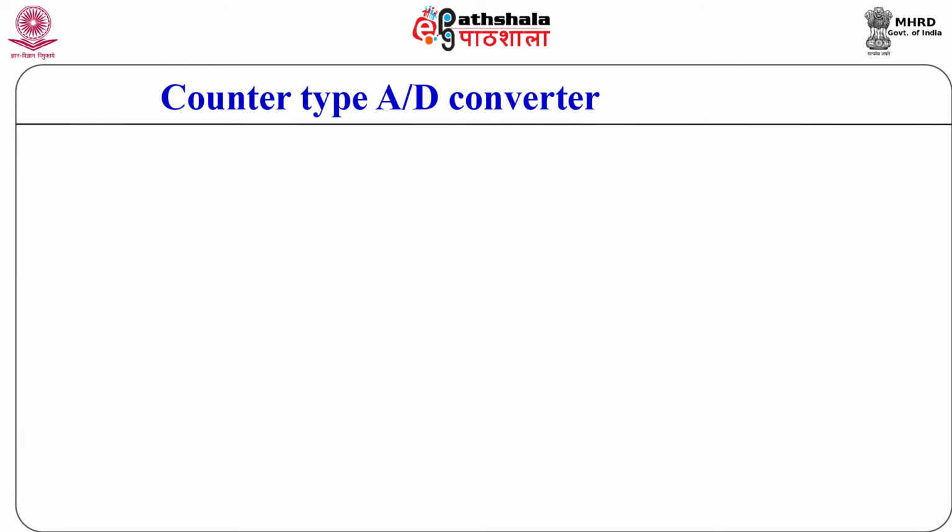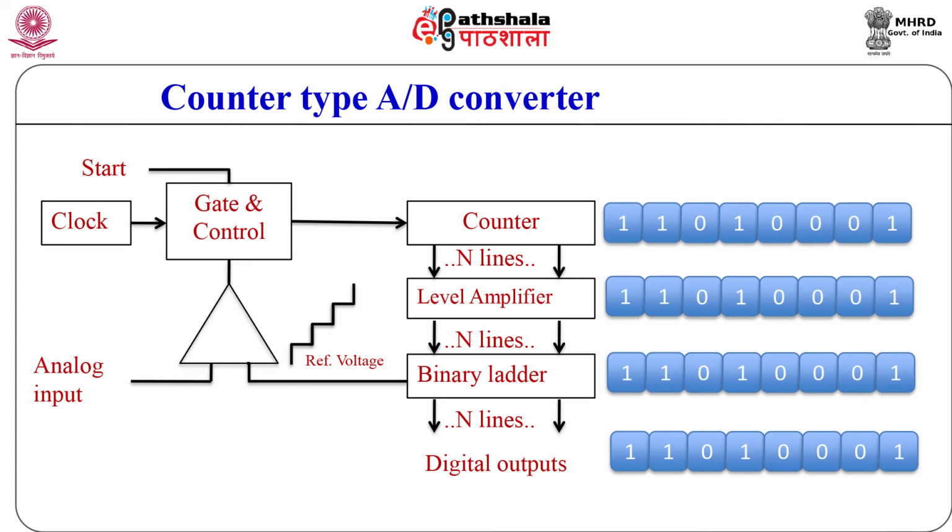Figure shows the block diagram of counter type ADC. As shown in figure, it contains a comparator, a clock, a gate and control circuit, counter, level amplifier, a binary ladder. The output of a binary ladder is a variable reference voltage given to the input of a comparator. The width of the counter, the width of the level amplifier or binary ladder depends upon how many bit ADC we require.